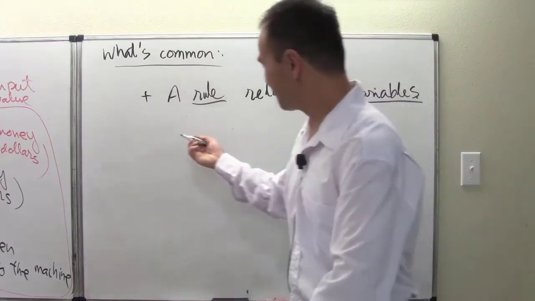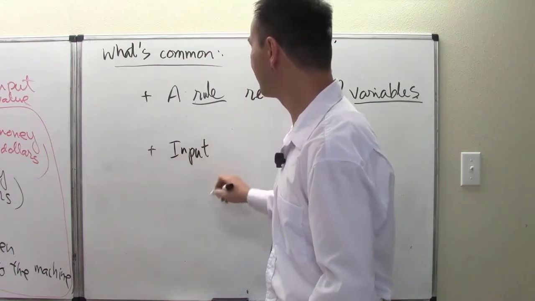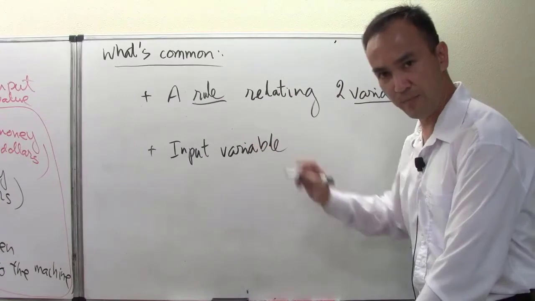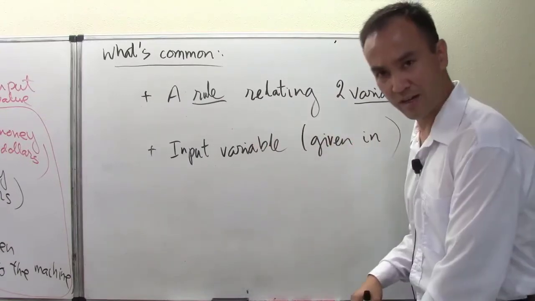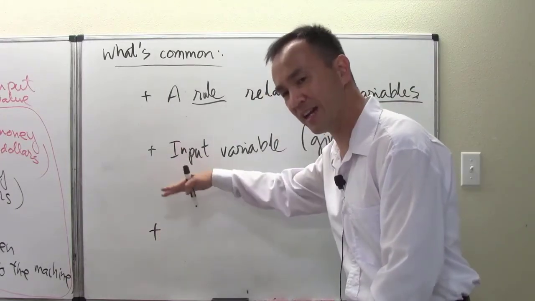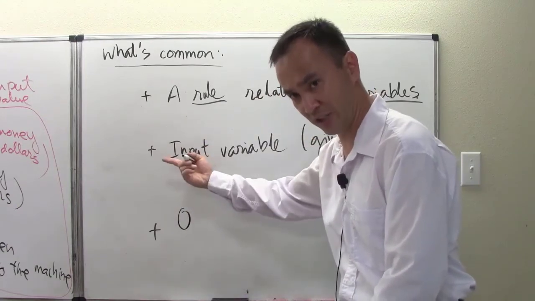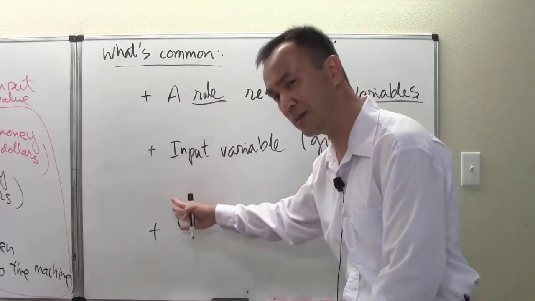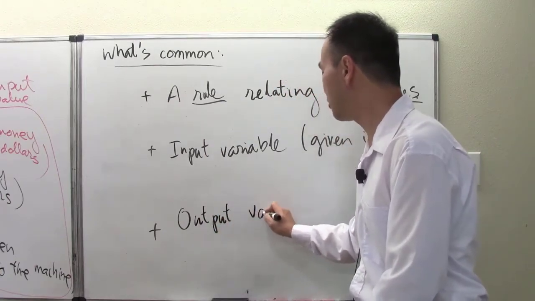There's an input variable, the one that we're giving in. It's called the input variable. It's given in. I leave a little space because I want to come back here and make some further notes on that. And then the rule processes the inputs, as you already saw how that worked, to determine the output. So we come out with an output, and the output itself is a variable.